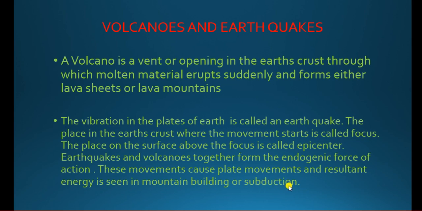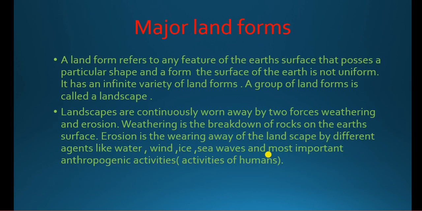That's why the oceanic plate intrudes below the continental plate. That zone where one plate subducts the other is called zone of subduction. So we came to know how different movements operate and give birth to different landforms.